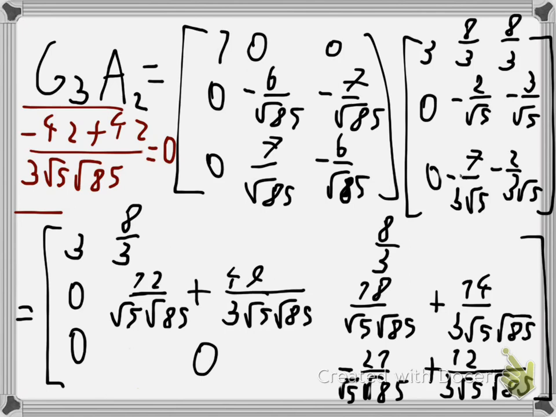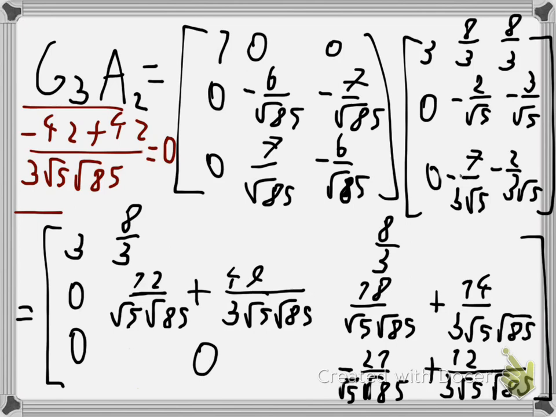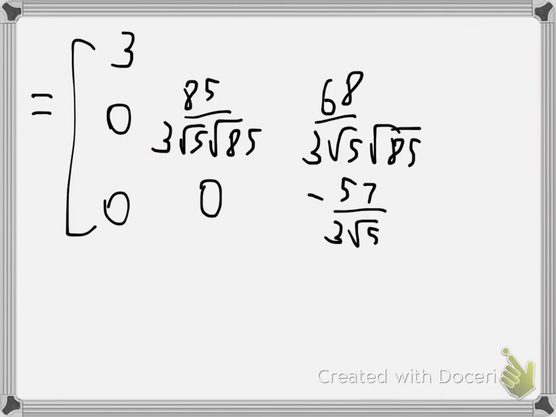Then at the bottom, here I should get negative 63 plus 12, so negative 51, I think. Negative 51 over 3 times square root of 5 times square root of 85. I think this is correct, and here I have 8 over 3, 8 over 3.